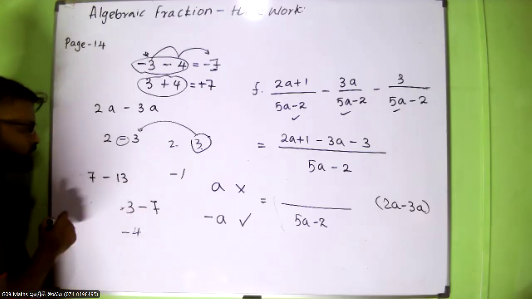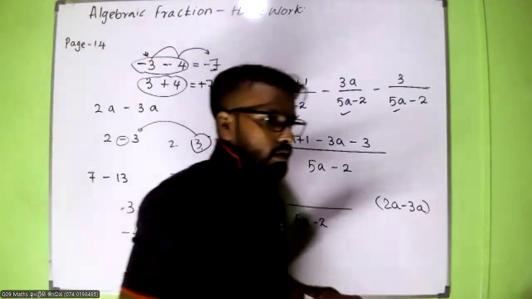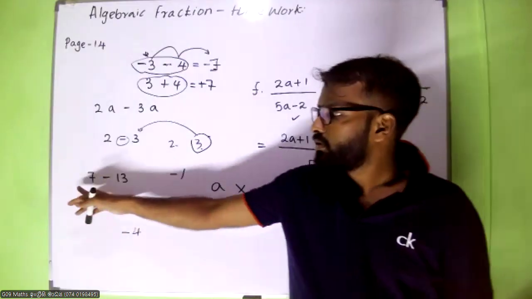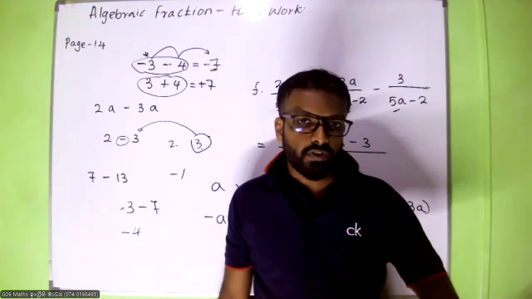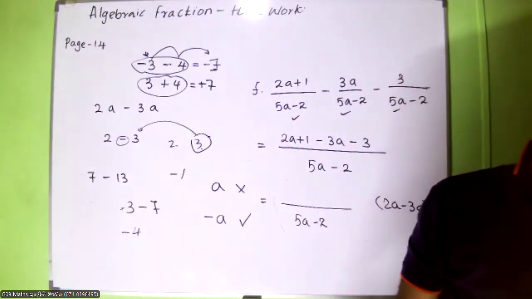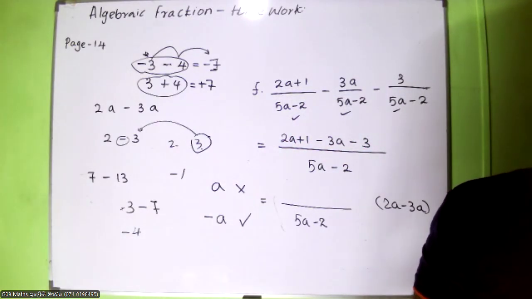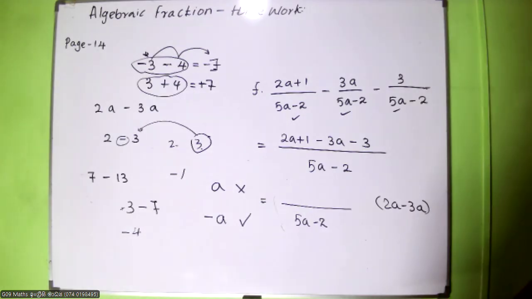If you have different signs like this, what is the answer for this one? 7 minus 13. Do it fast. I want to see your answer. Yusuf, this is wrong.